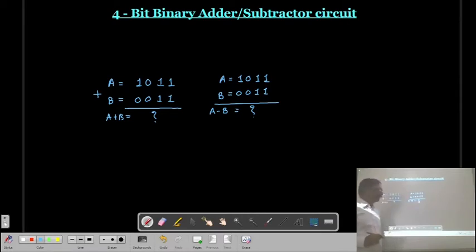Here A minus B is nothing but A plus minus B. This means subtraction is also a kind of addition, where we take the addition of the positive number and the negative number, for which we find a 2's complement.